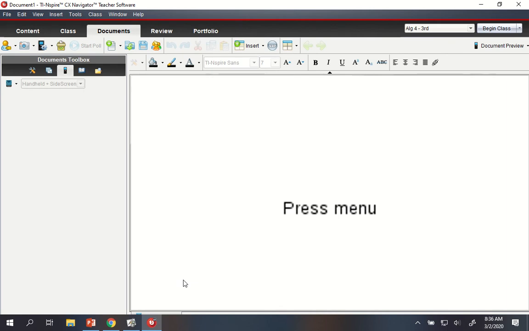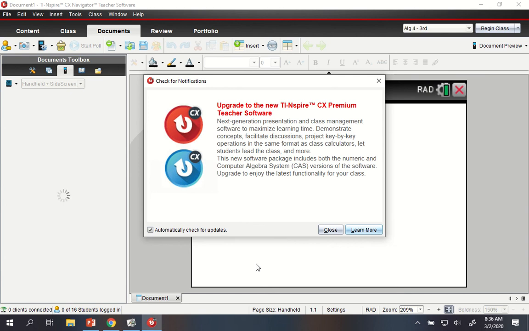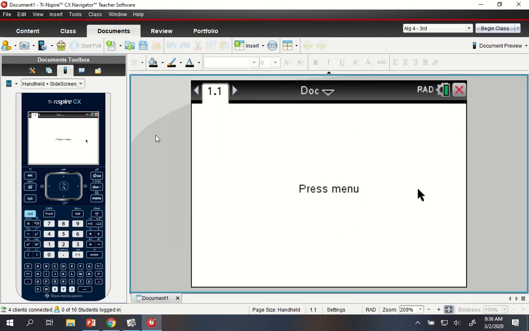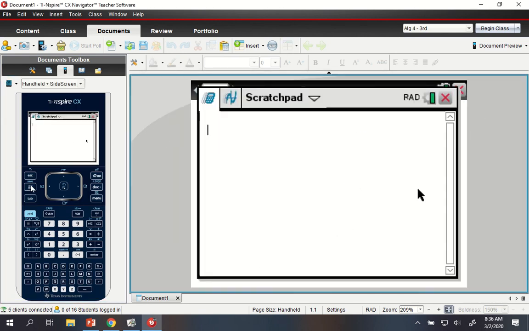Okay, so now I had to do an update recently, and I haven't had a chance to do the slope field on this since, but let's go ahead and go to my scratch pad.